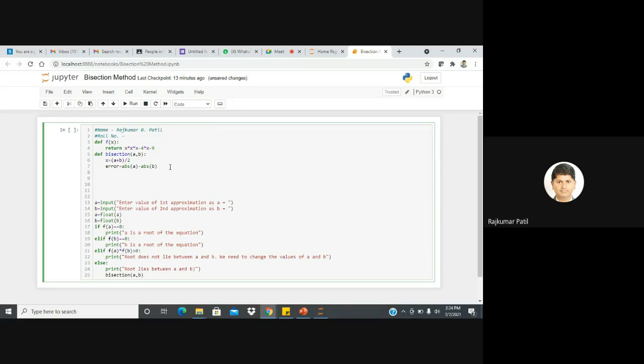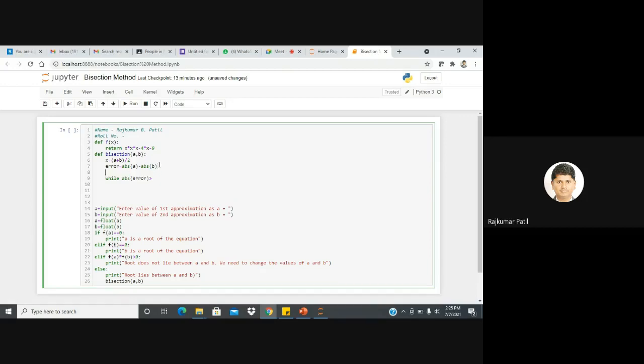We will go to the next line and use a while loop, and here we will put the condition. Again, the error may be positive or negative, so the absolute value of error should be greater than accuracy. Here we can define accuracy.